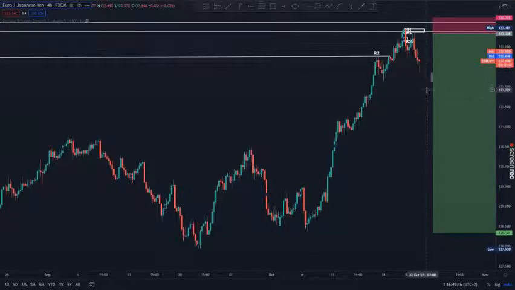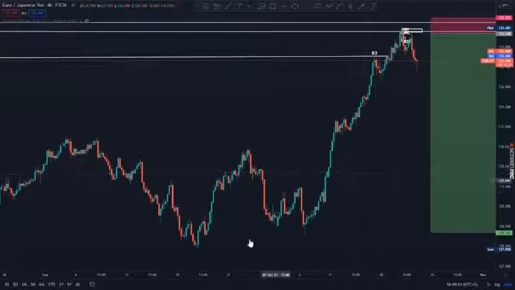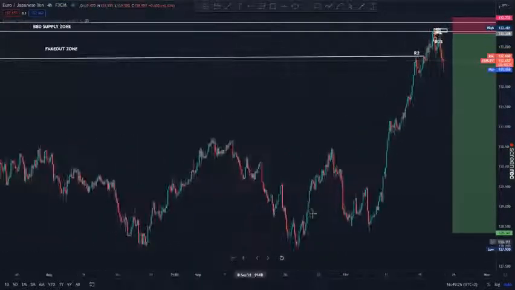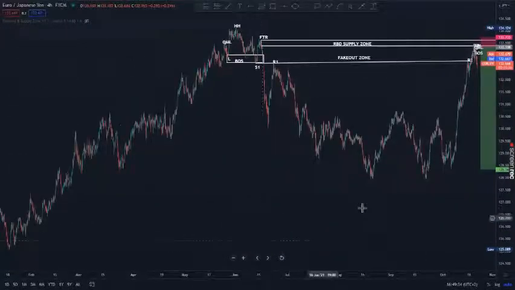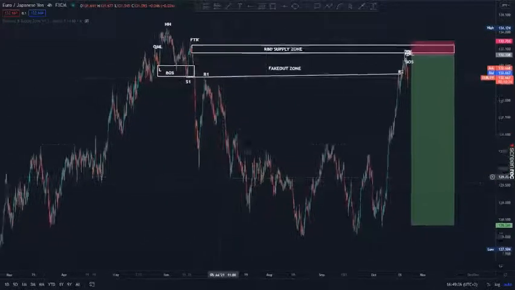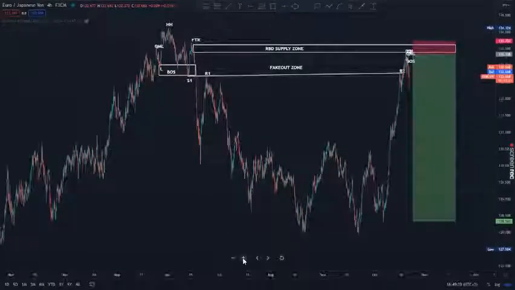Rally base rally. We don't know if it's going to be permanent, like a big move like we had on the GBP USD. The trade I took and analyzed last time actually turned out to be a really good trade. It gave almost 100 pips and then reversed. So we don't know what the outcome of an individual trade is going to be.